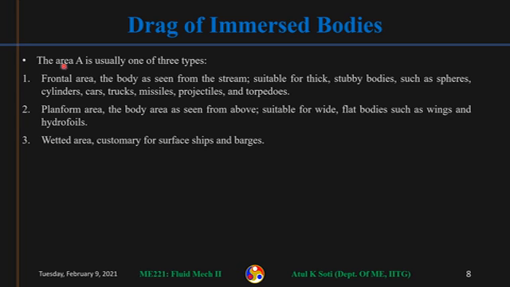Now the area in the drag coefficient formula can be of three types. It could be the frontal area of the body as seen by the stream. So whatever area the fluid stream sees can be that area. For example, imagine you have a cylinder and fluid flow is happening.